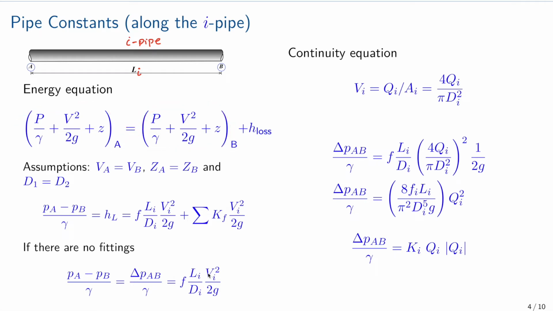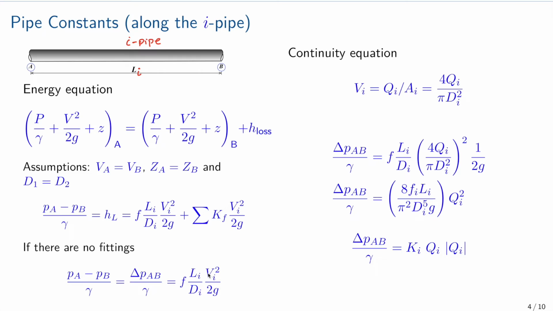Now we're going to make some assumptions here. First of all, the pipe diameter is the same, so diameter at 1 is equal to diameter at 2 by conservation of mass. Then the velocity at A is equal to the velocity at B, and we are going to assume this is horizontal, so the height at this point is equal to the height at that point. That is something to simplify the problem, but we can have different considerations in the network.